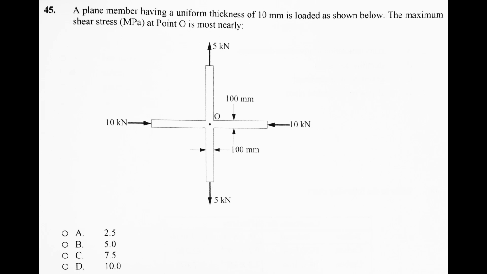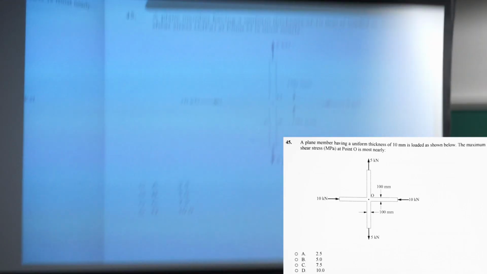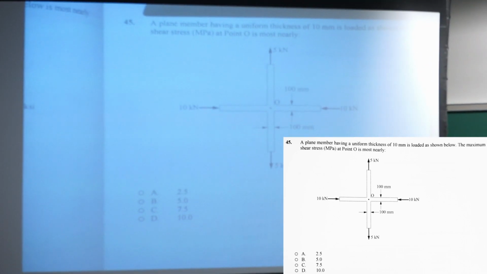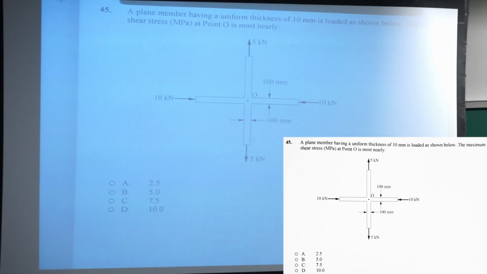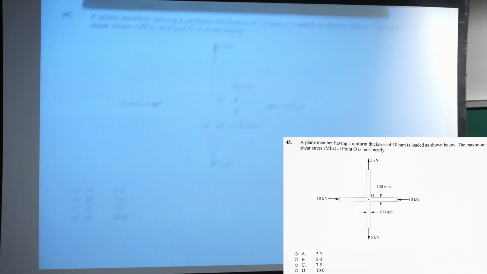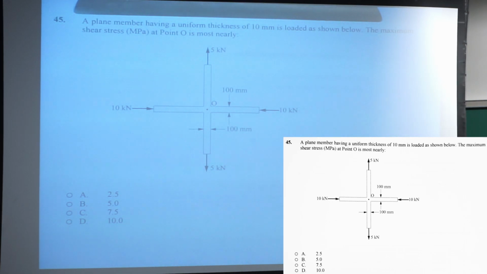This is our last one in this set, and this one was pretty interesting. You can do it by inspection. It's a little tricky, and it's a good question. It's a biaxial state of stress. Think Mohr's circle.